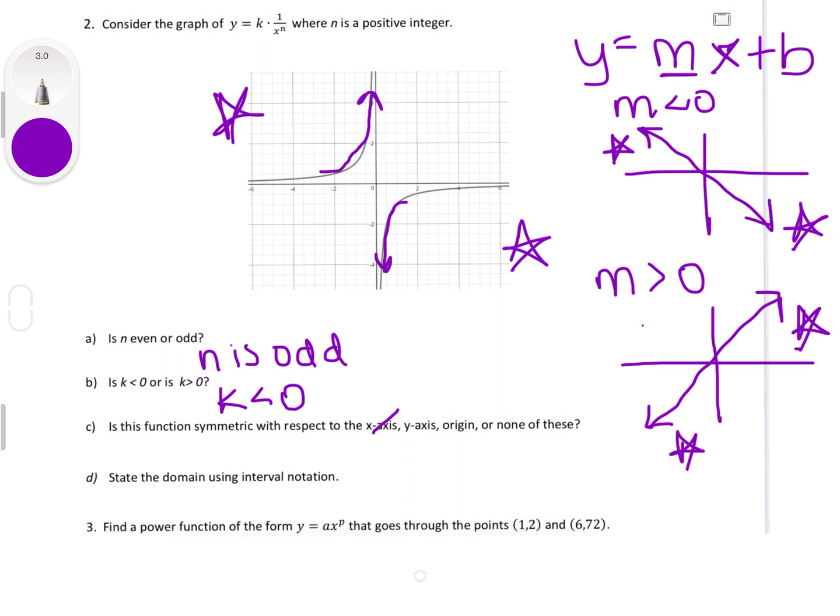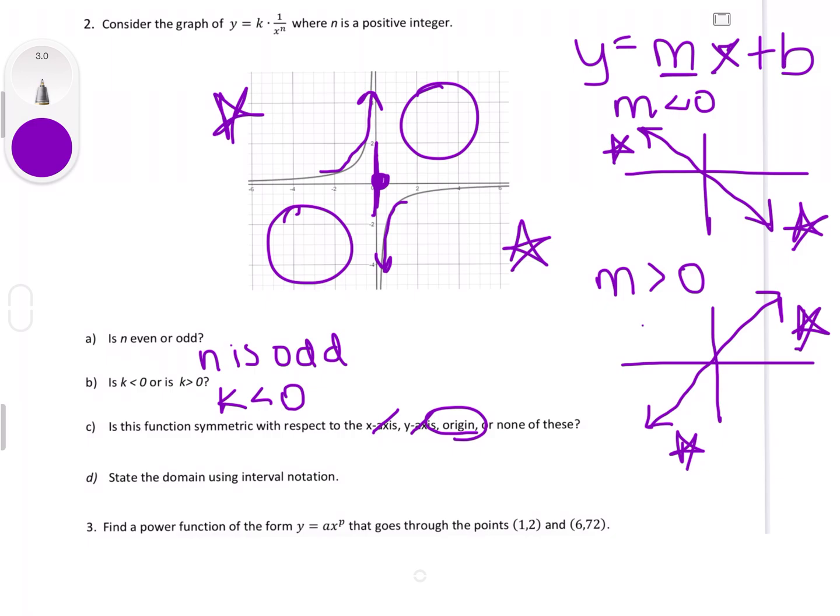If we tried to fold it on the y-axis, then we would have a quadrant up here and we'd have a quadrant down here that our graph fills. But we can't fold it on the y-axis. But what we can do is we can fold it here at the origin, and then our quadrants or our graphs will line up together. So like I said, y-axis is out, so it has to be the origin.